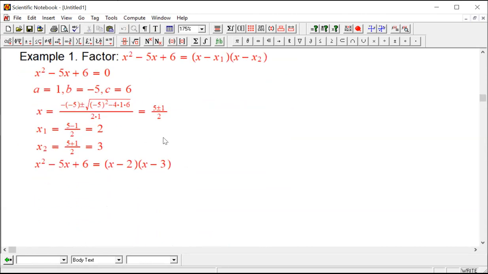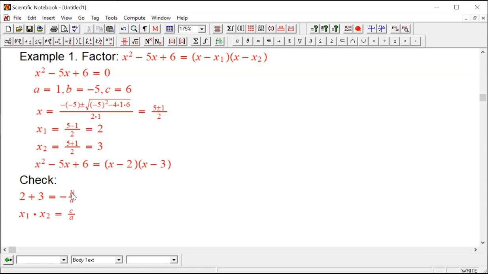In our first example, we have x sub 1 equal to 2 and x sub 2 equal to 3, and obviously x1 plus x2, which is 2 plus 3, equals negative b over a.